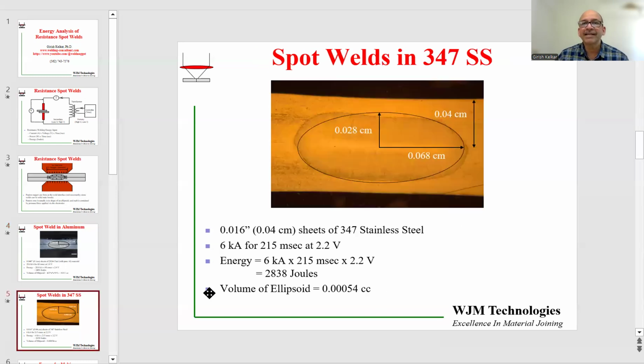We can do a similar analysis for stainless steels. And here I'm showing you a nugget formed in stainless steel. In this case, the sheet metal was even thinner, about 16 thousandths or say 400 microns.